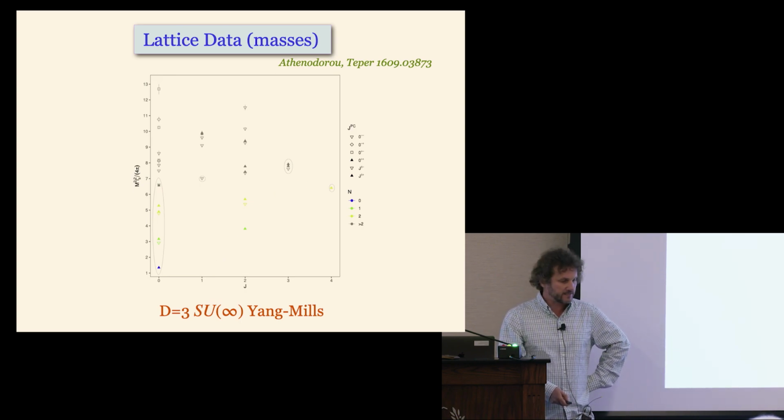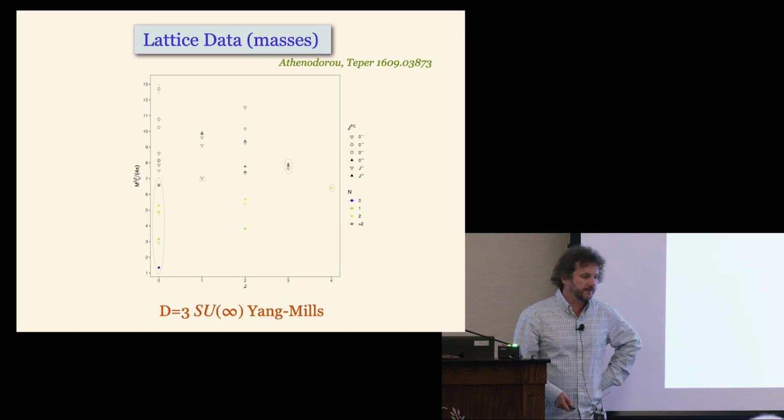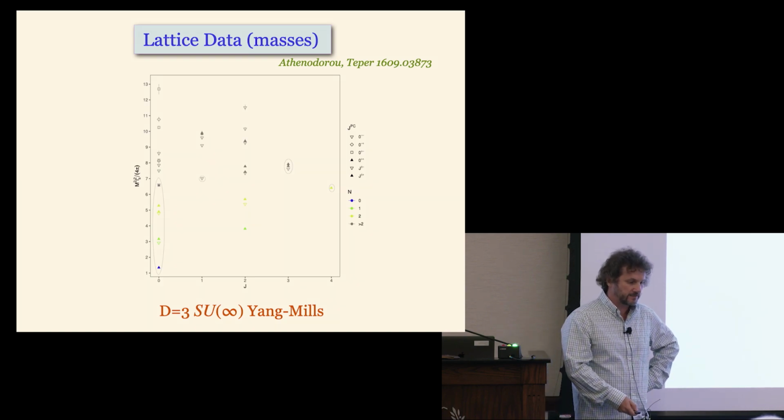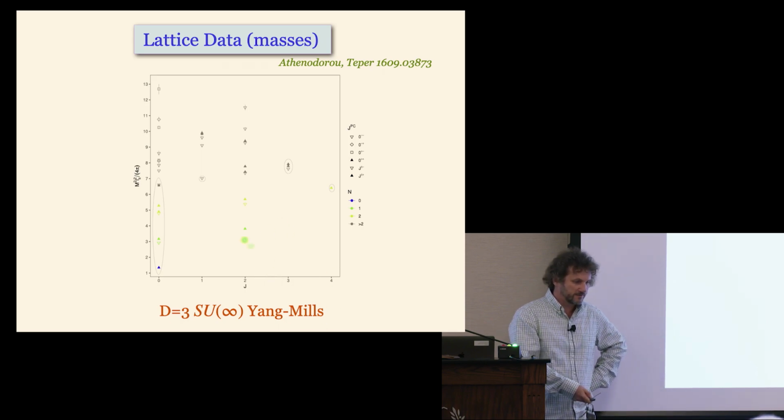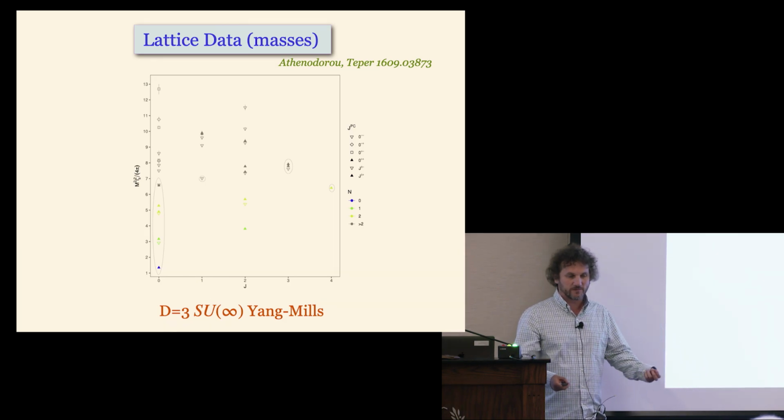The states put in circles are states for which extra work has been done, and there were claims that their spins correspond to what is shown here. These are singlets, for instance. For them it's simpler, because the high spin states come in doublets.